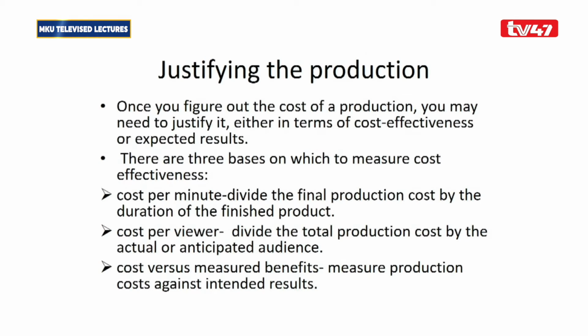Take for example, if you have incurred a cost of 9 million and your production runs for 30 minutes, then you divide the 9 million by 30 minutes. So per minute it will be 300,000.